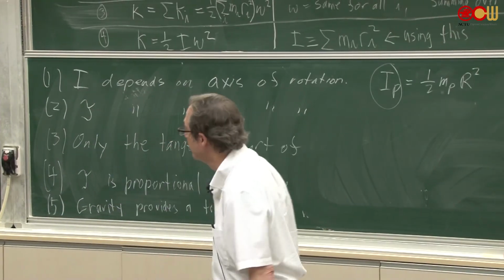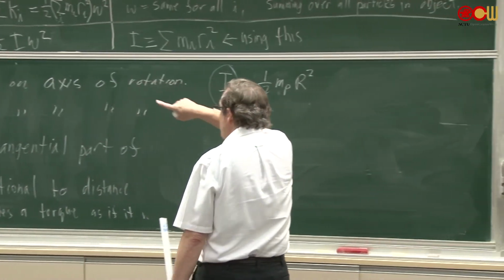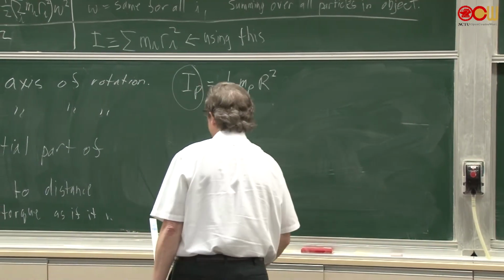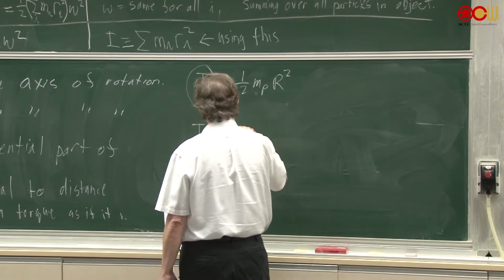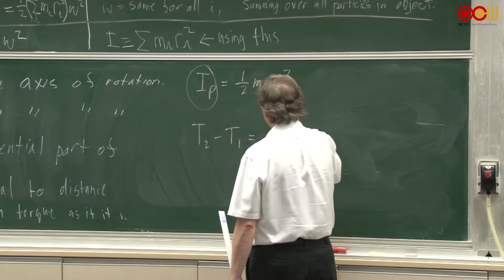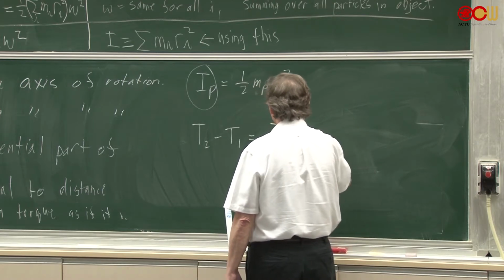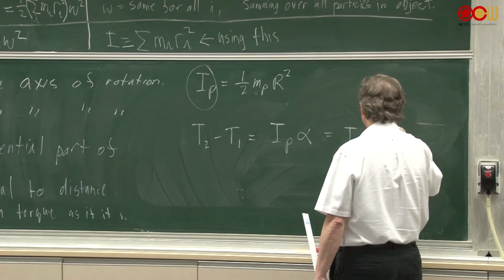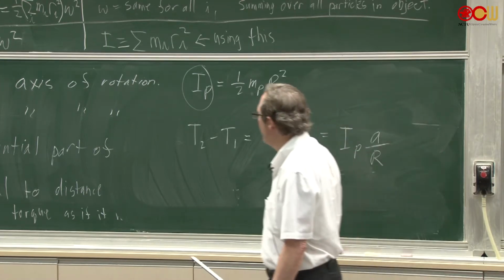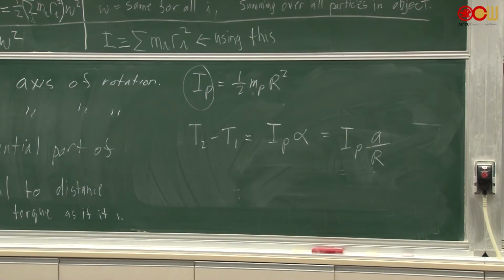What's the difference? Well, if it's rotating this way, then T2 minus T1 is equal to I_P alpha, which is I_P A over R. So we'd have to put that in there.